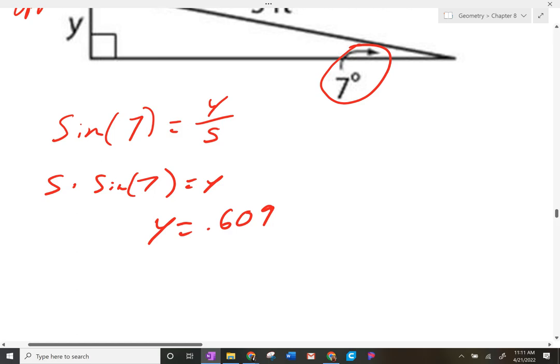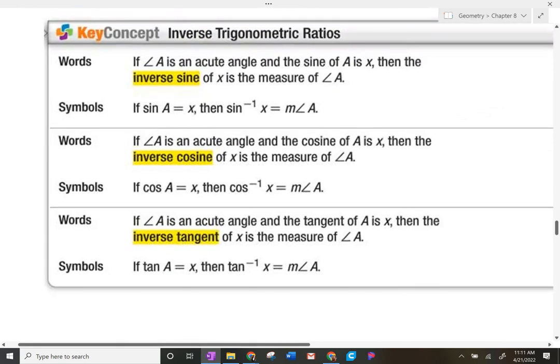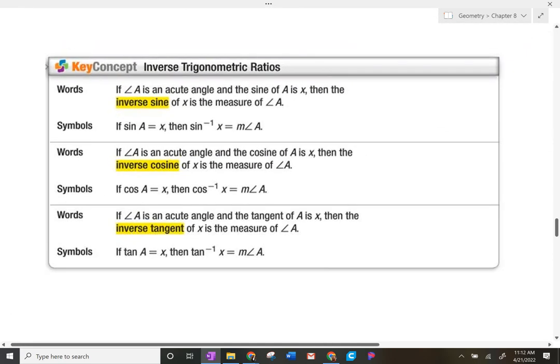So up until this point, there's one more part that I'm going to go over with you. Don't worry about writing this down. It should hopefully make sense. What we've been doing is they gave us one side, they gave us one angle, and we had to figure out the other side. Sometimes they will give us multiple sides, but they will not give us the angle, which is exactly what you guys did on your assignment yesterday, or the one that was due today.